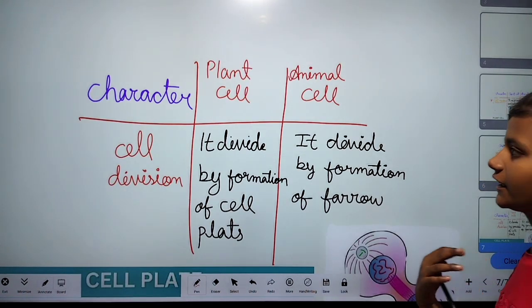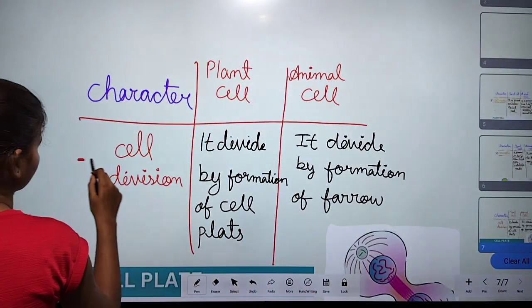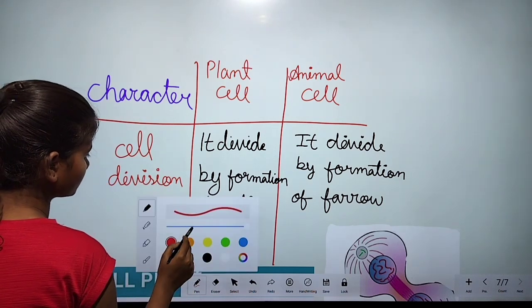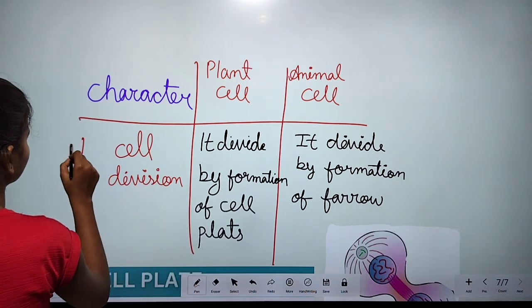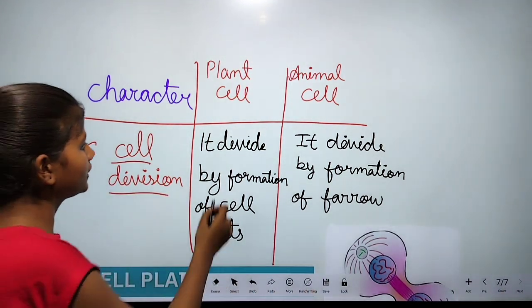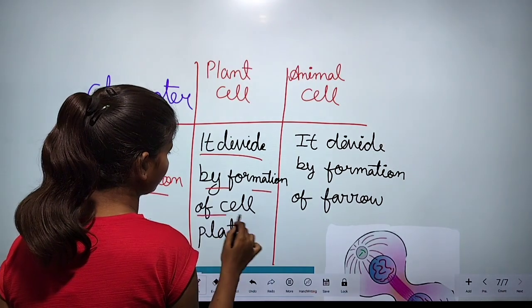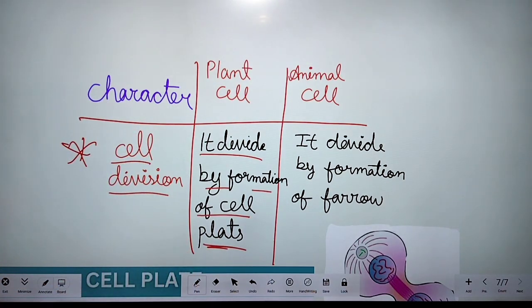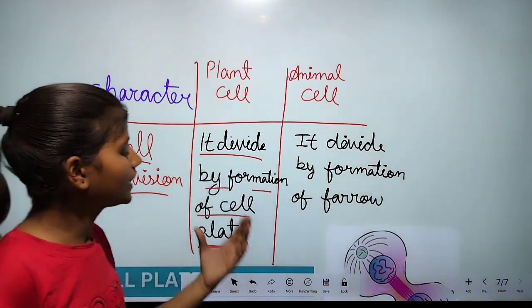Our next character is cell division. In the plant cell, it divides by formation of cell plate.